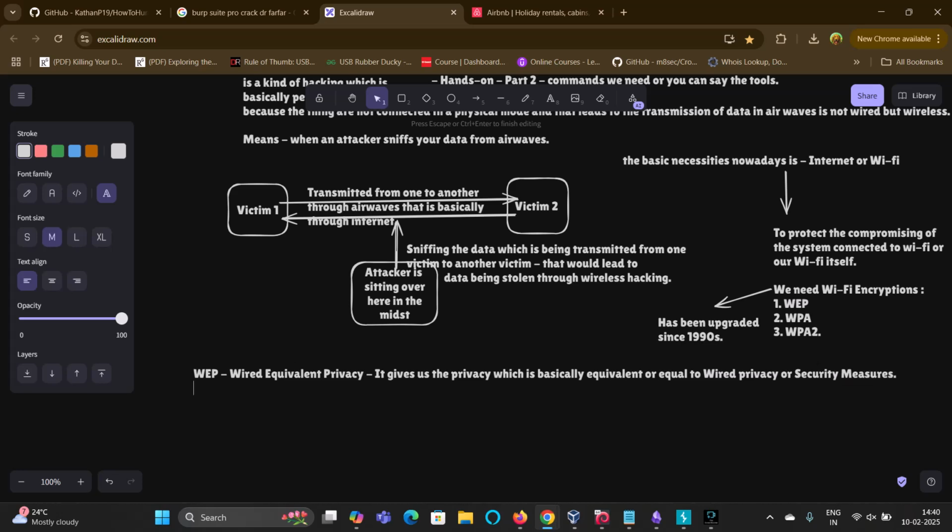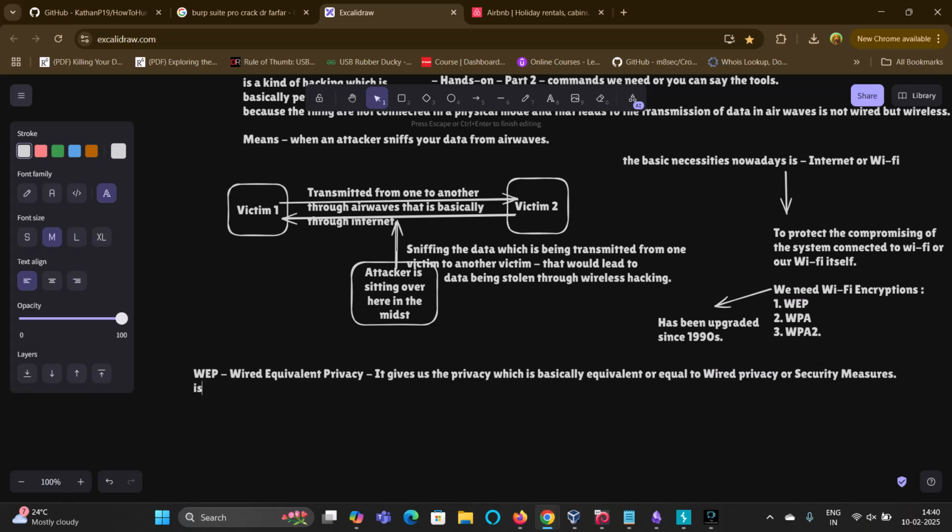That's how WEP is known to give privacy almost equal to wired privacy. As it was created in the 1990s, it is an older and less secure protocol, that's why it is almost equal to wired privacy, not as strong as WPA or WPA2.